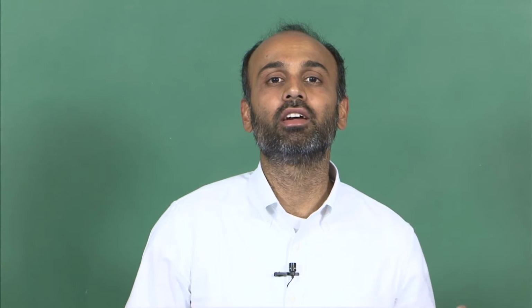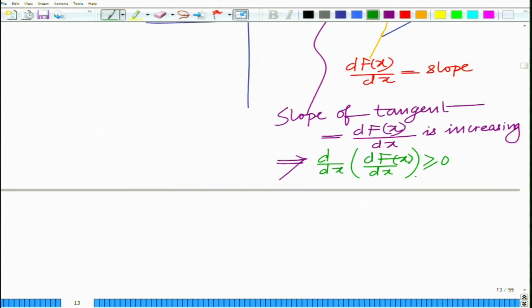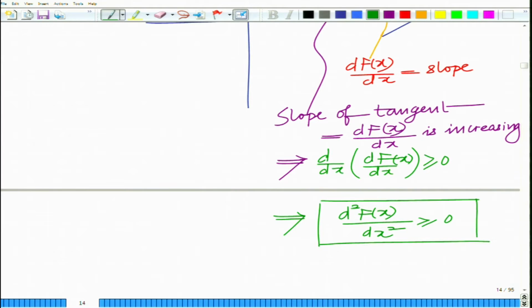Now, here the slope is constantly increasing, monotonically increasing, which means that the derivative of the slope must be greater than or equal to 0. This implies that the derivative of the slope, d by dx of df(x) by dx, must be greater than or equal to 0 for a convex function, and which gives us the result that d square f of x by dx square is greater than or equal to 0.